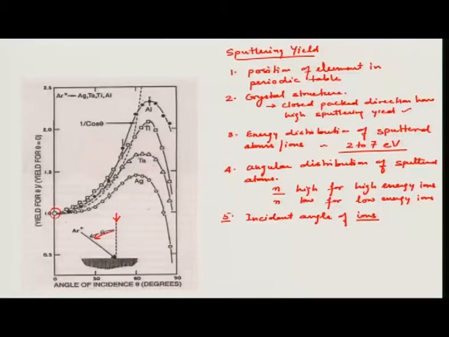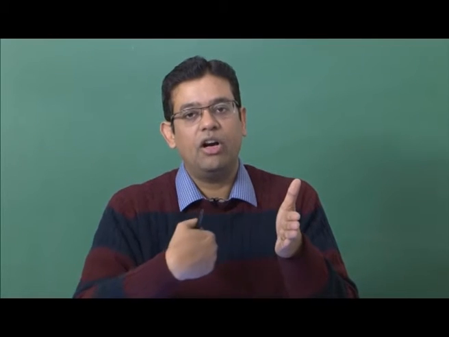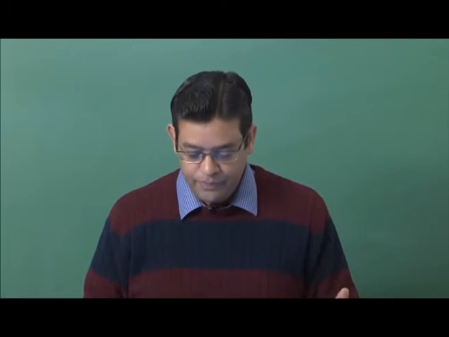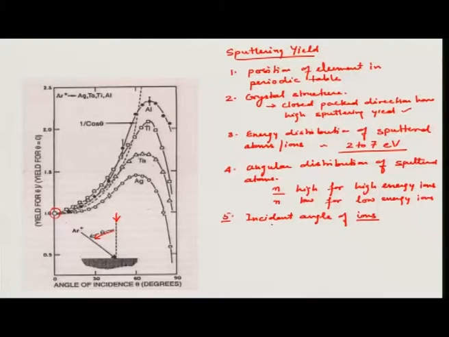So the sputtering yield increases, and then if the angle from the normal to the surface is very large, close to 90 degrees, the ions will just glance off the surface and not be able to transfer the energy. So the incident angle of ions is also very important.